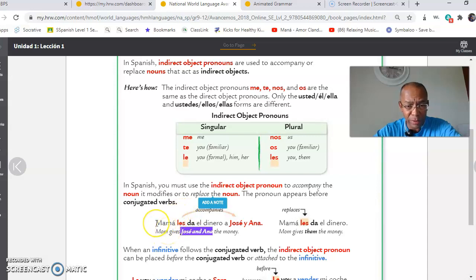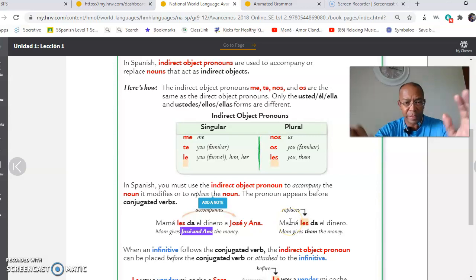And it will sound like this: Mamá les da el dinero a José y Ana. Mamá les da el dinero. So now, the second time around, you don't have to say José and Ana because you already established who the money is given to. Just like direct object pronouns.